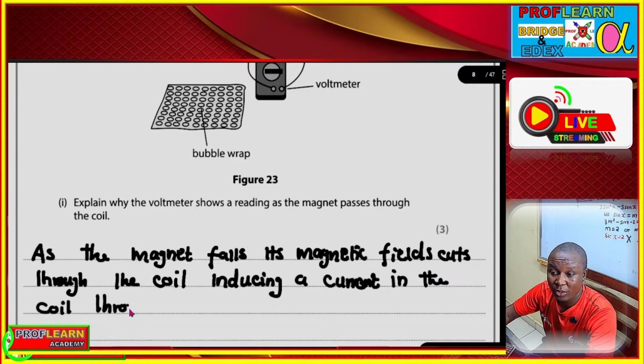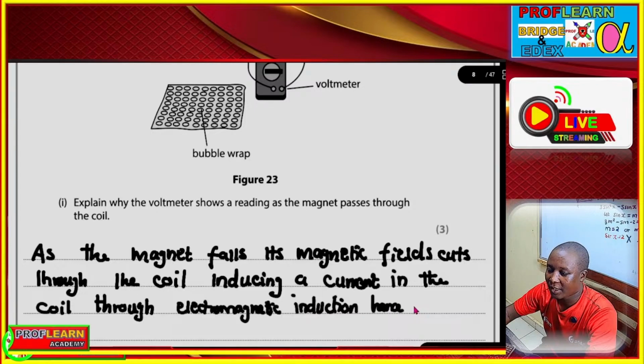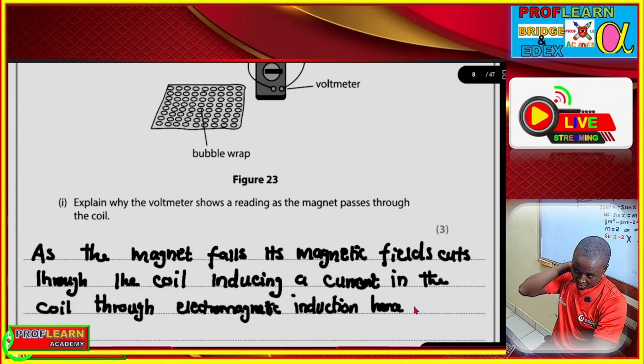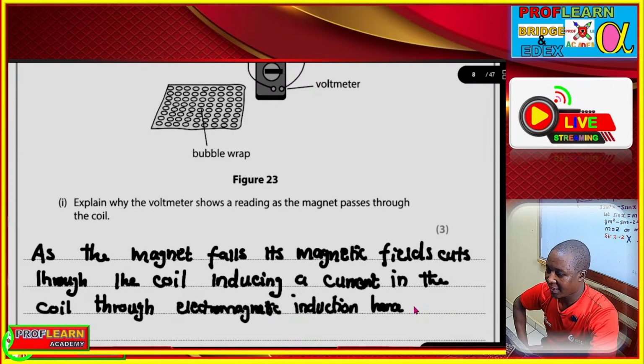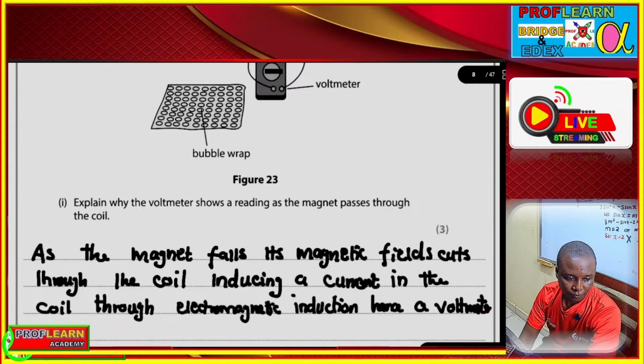So the meter is going to detect that amount of current that flows through. And this induced EMF is induced through electromagnetic induction.